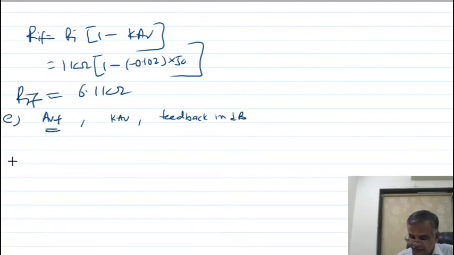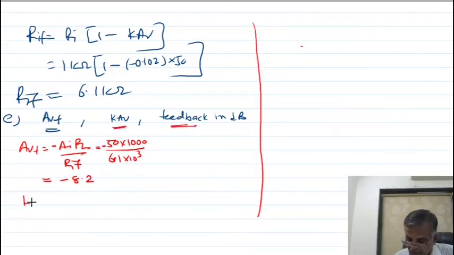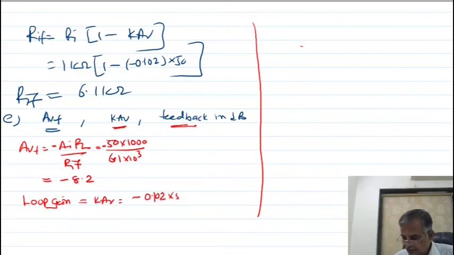What is AVF? AVF is nothing but AI RL upon REF. So 50 into 1 kilo ohm upon 6.1 kilo ohm, you will get nearly about minus 8.2. Loop gain KV is equal to minus 0.0102 multiplied by 50, you will get minus 5.1.